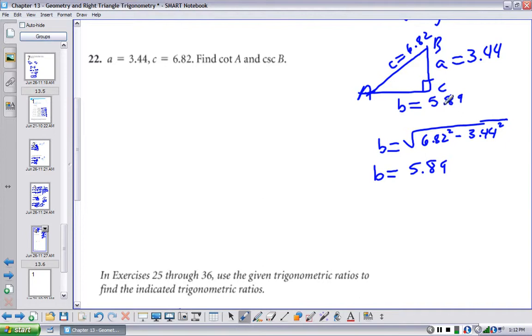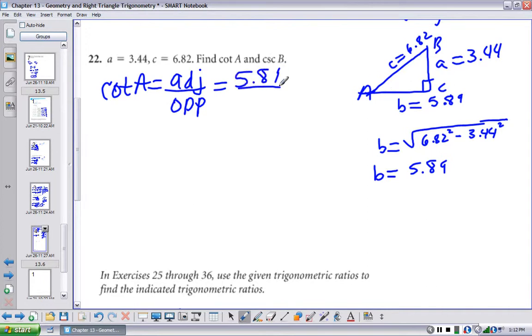So now we can look at cotangent of A. It's adjacent over opposite. So this is our angle A. Adjacent is 5.89 over opposite 3.44. So we get a quotient of 1.71.